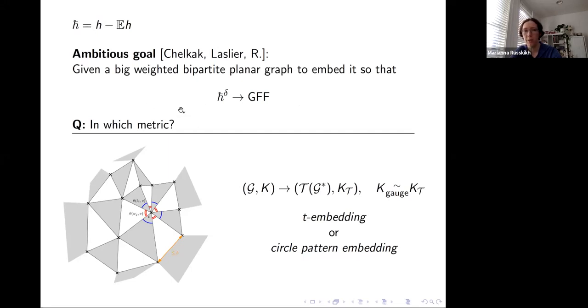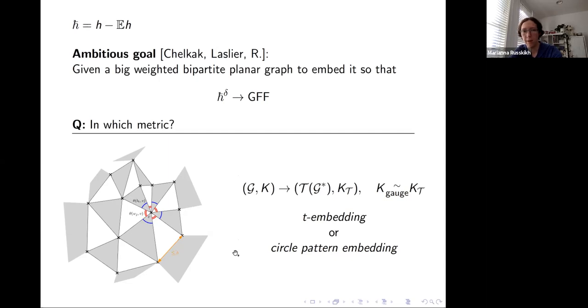And another question is: in which metric? So we claim that t-embeddings, or we also call them circle pattern embeddings, are a good candidate to describe this metric, and a good candidate to be the embedding where the fluctuations of the height function converge to the Gaussian free field.